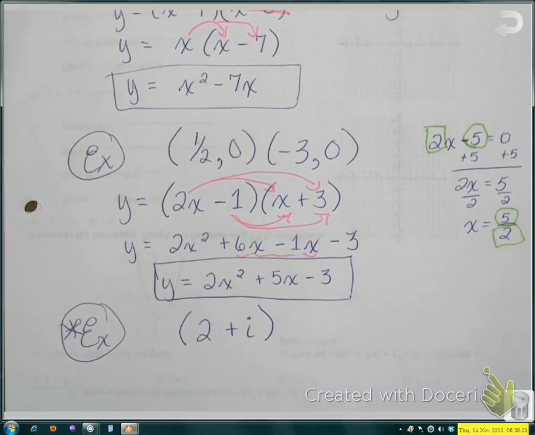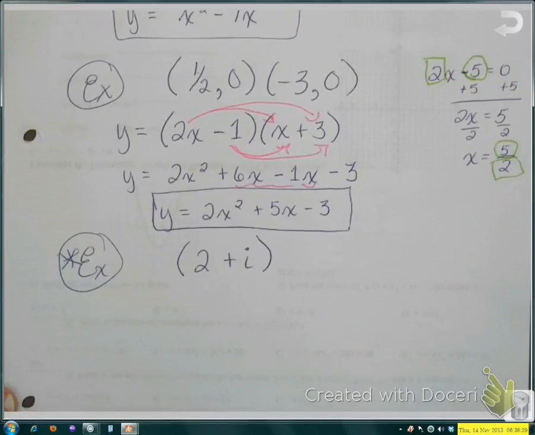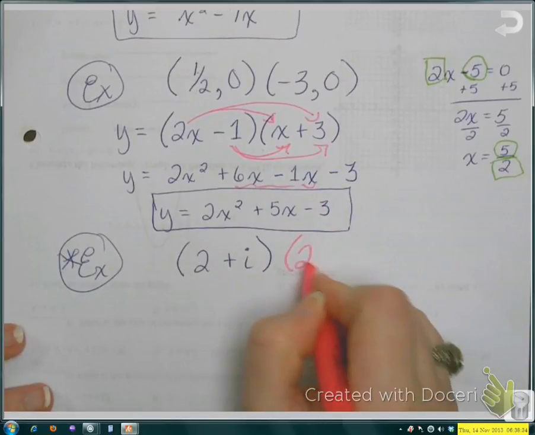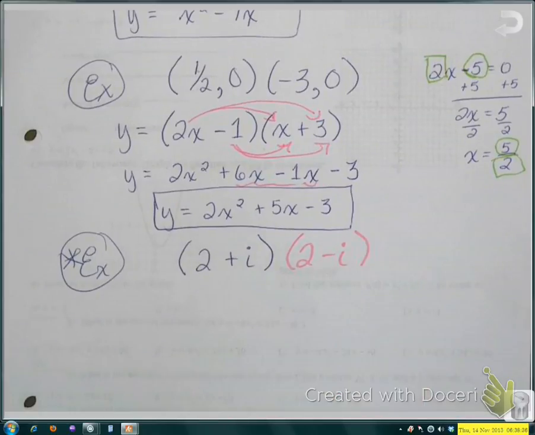Now let's do something that's just a little bit more intense. What if we're given imaginary roots? Now remember, with imaginary roots, every time you have the plus, you're going to have the minus. So you automatically are going to have this case as well.